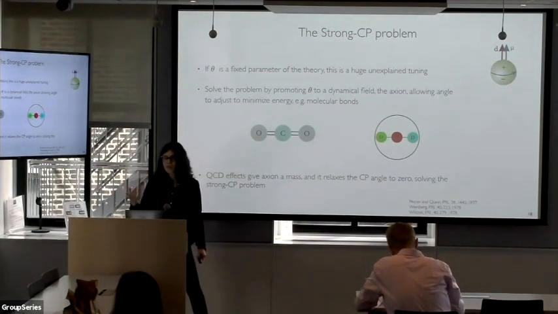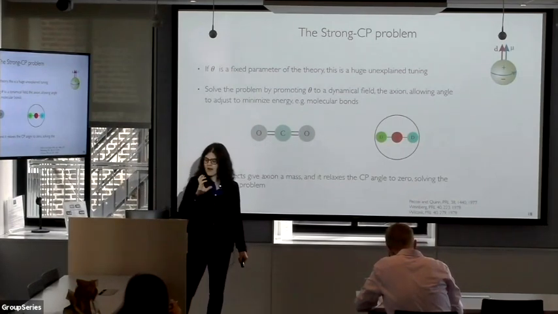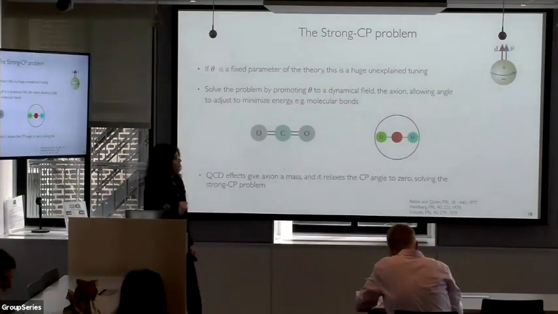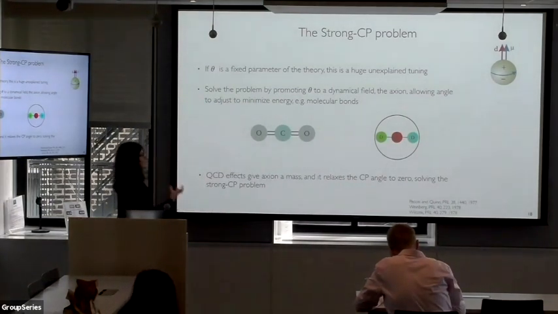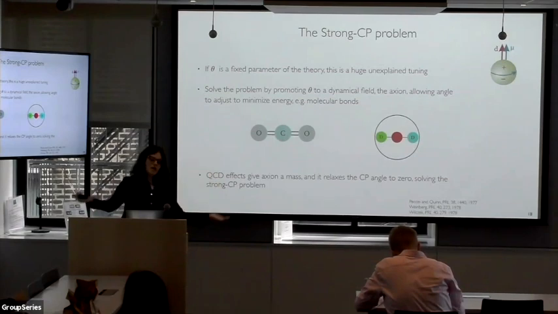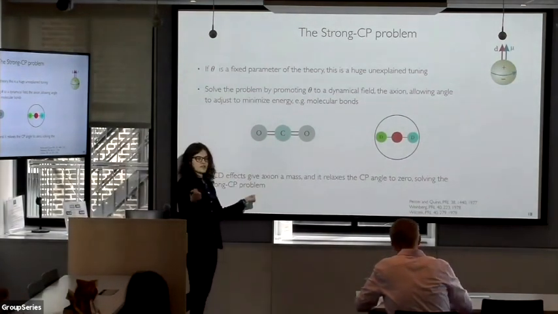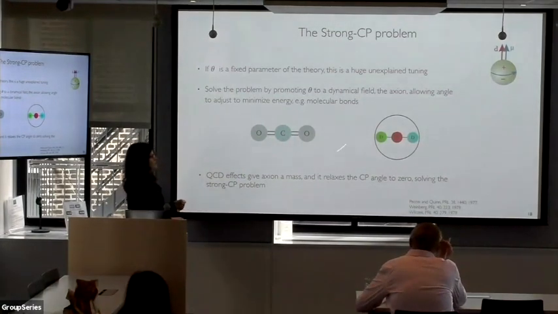But there was a very elegant solution that was proposed over 40 years ago now that explained this issue. And it says, okay, let's take this parameter and turn it into a dynamical field. So just like, for example, in a molecule, the angle between the oxygen atoms and the carbon atom can fluctuate and can relax to a minimum energy configuration, which in this case is parallel.